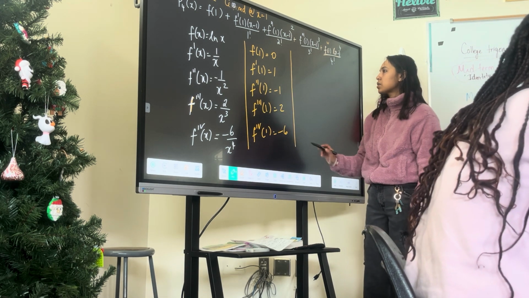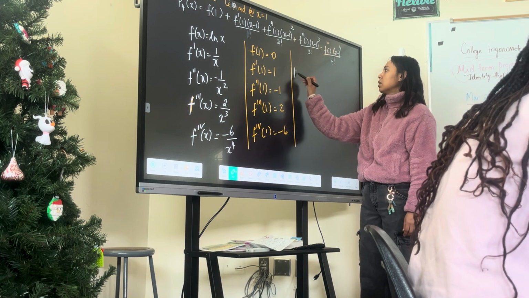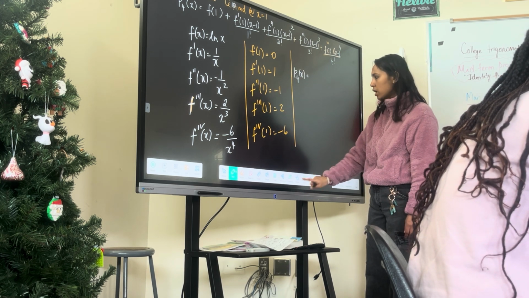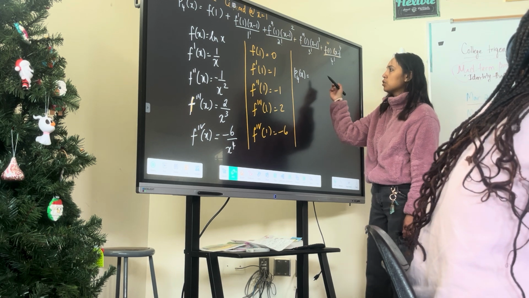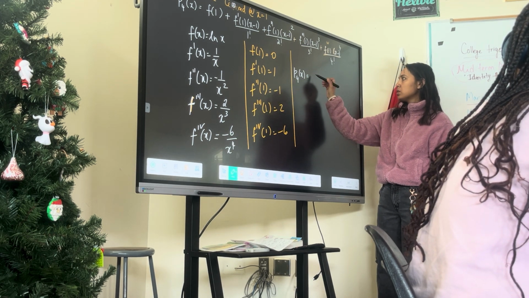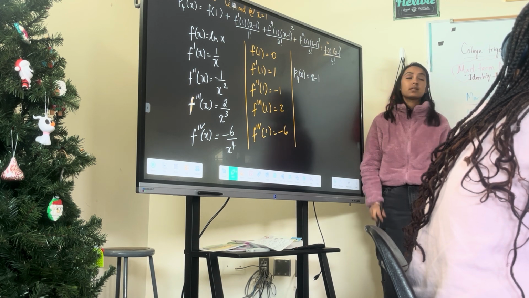Okay, so now let's write the polynomial. f of 1 is 0, so I'm not going to show that. f prime of 1 is 1, times x minus 1 over 1, it's just x minus 1. Are you guys okay with that?